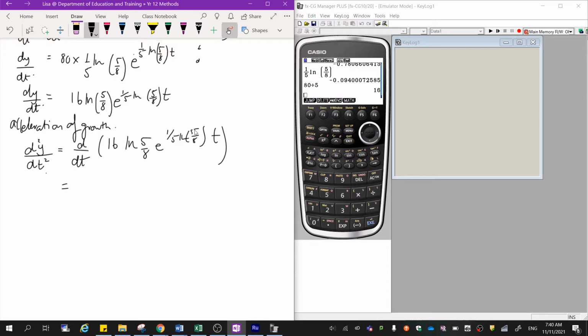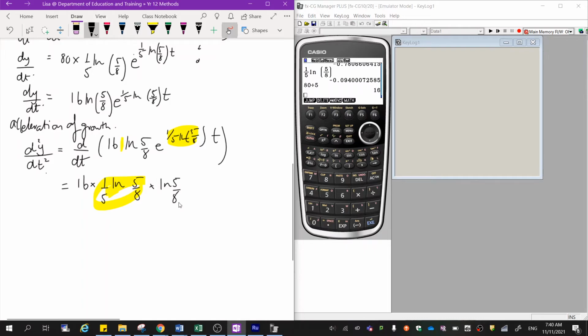Now, when we take the derivative of this, the same thing is going to be coming down. So it's going to become 16 times 1 over 5 ln 5 over 8 times ln 5 over 8. If you're wondering what just happened, I didn't mean to, but for some reason, when I derived it, I put this part in here in between these two.